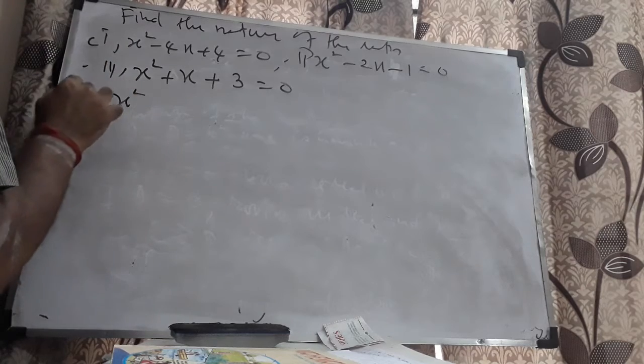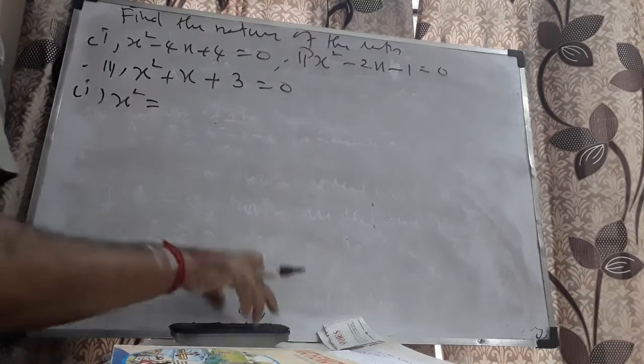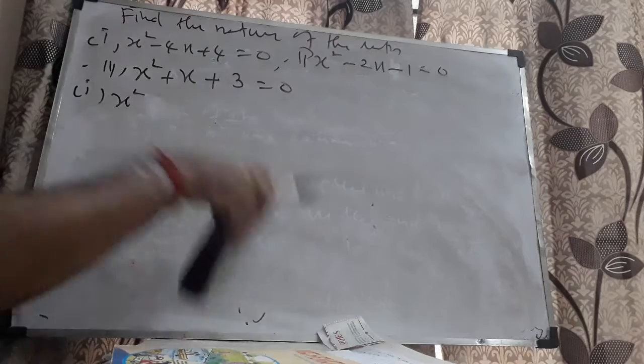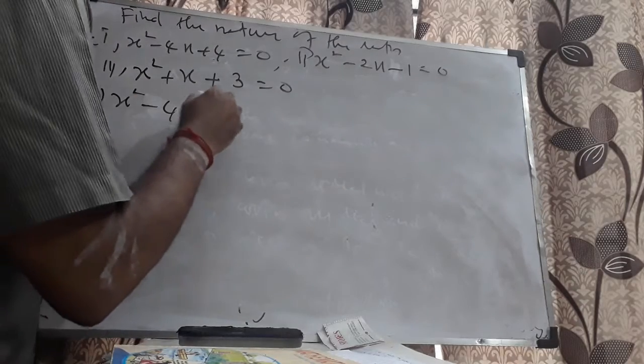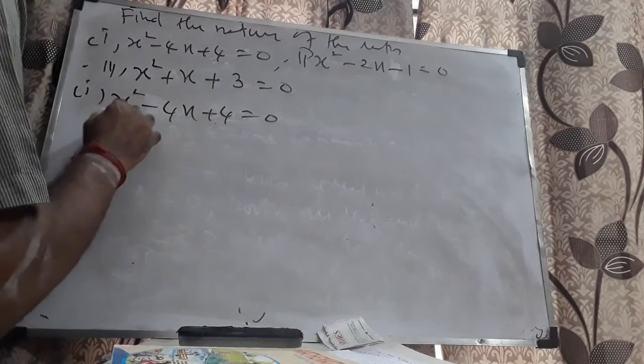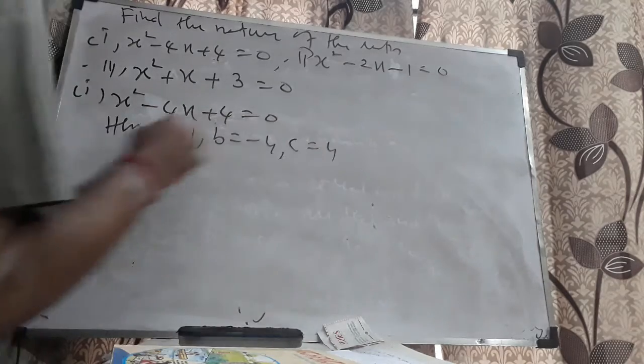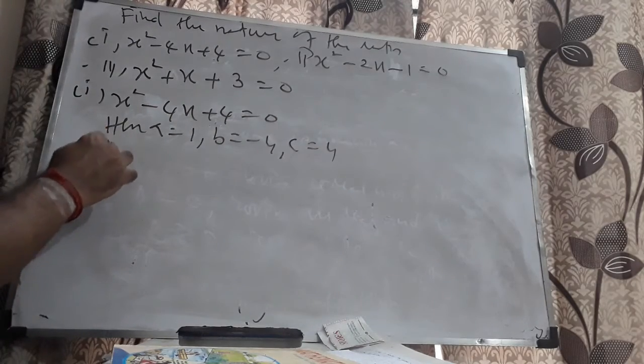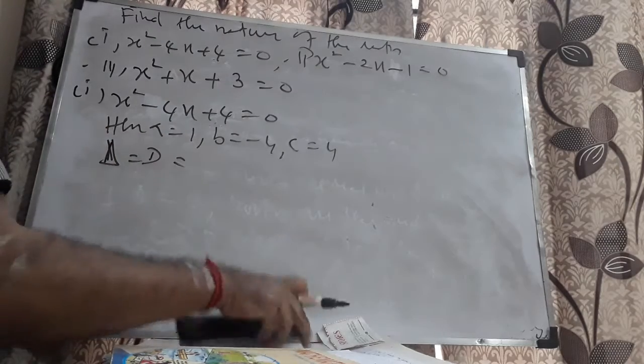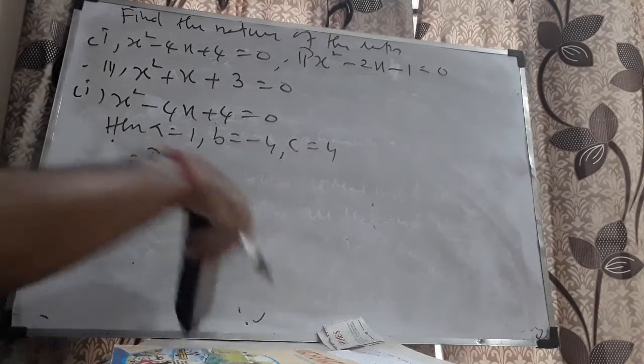Now first one, x square minus 4x plus 4 is equal to 0. Here a is equal to 1, b is equal to minus 4, c is equal to 4. Now delta or d, either way you can write, both the notations are correct.